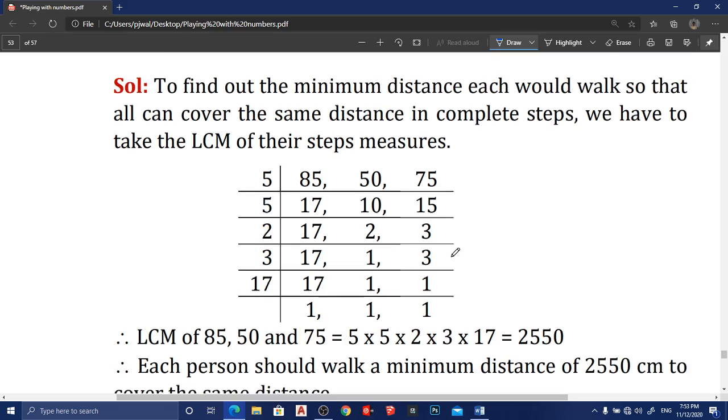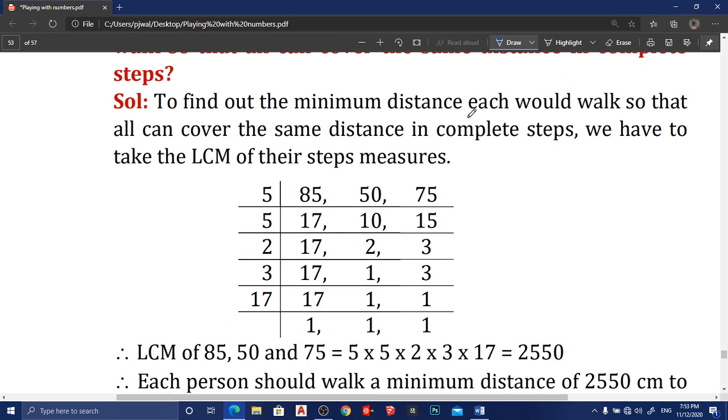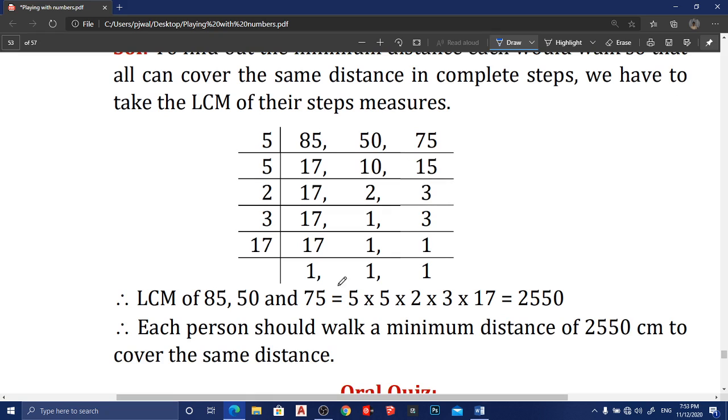To find the minimum distance each would walk so that all can cover the same distance in complete steps, we have to take the LCM of their step measures. Taking the LCM of these three numbers: 5 17s, 5 10s, 5 15s; here 17, 5 2s, 5 3s; here 17, 2, 1, 3; 17 you bring down, 1, 3, 1; 17, 1, 1, 1.